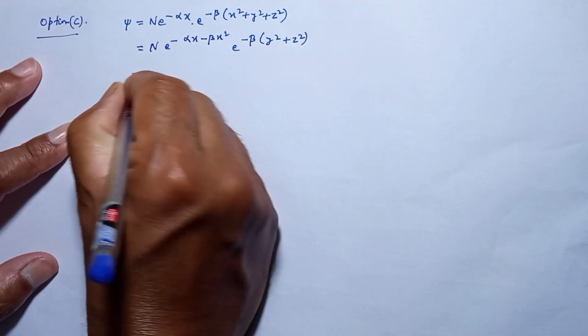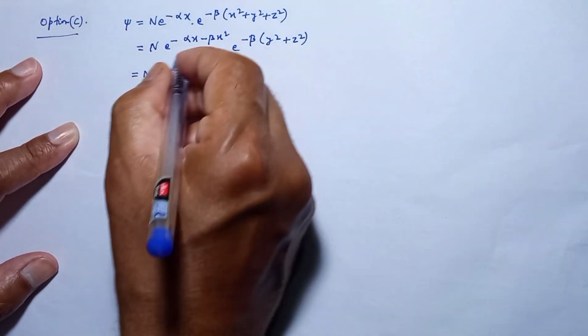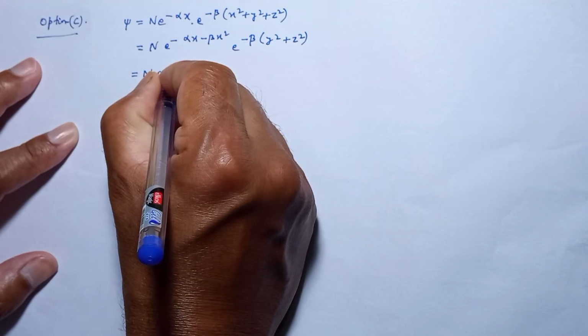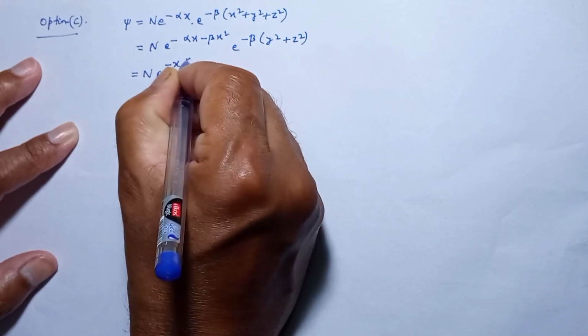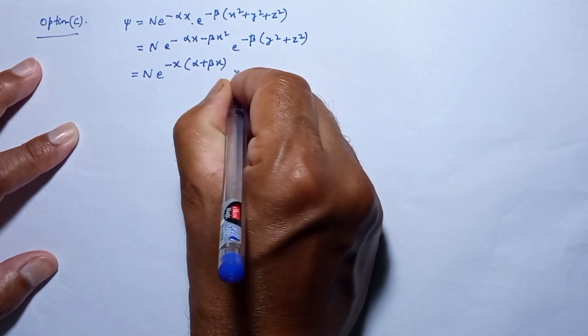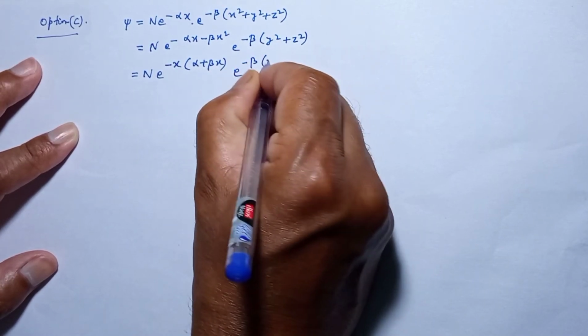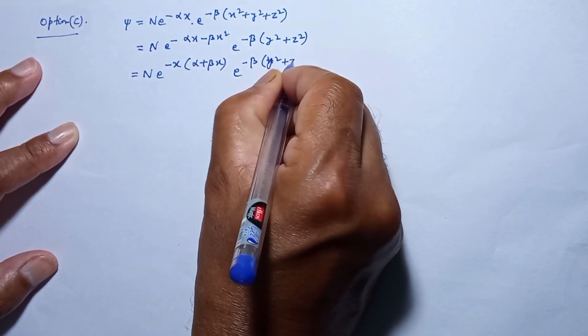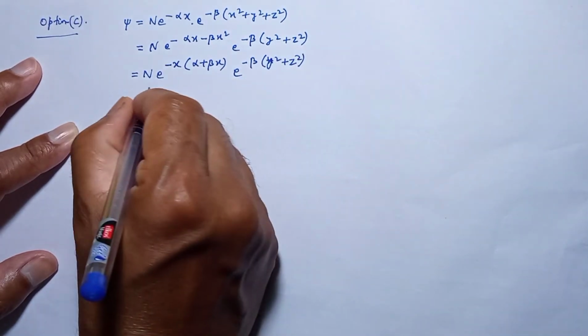Now taking x common, N e raised to minus x times (alpha plus beta x), e raised to minus beta times (y square plus z square).